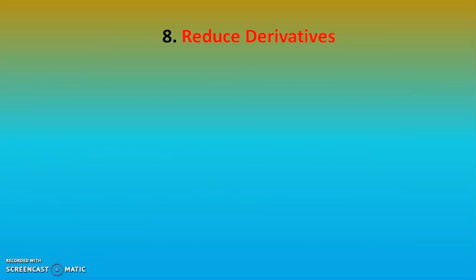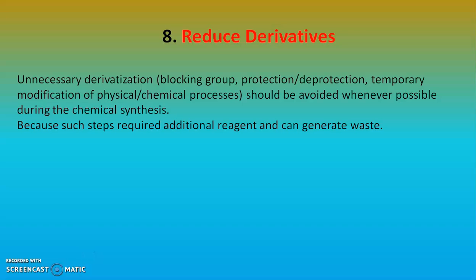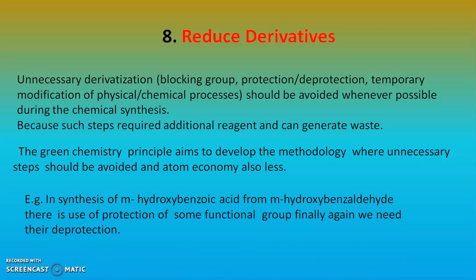Next we see reduced derivatives. In that, unnecessary derivatization, that is blocking groups, protection, deprotection, and temporary modification of physical and chemical processes, should be avoided whenever possible during chemical synthesis, because such steps require additional reagents and can generate waste. This green chemistry principle aims to develop methodologies where unnecessary steps are avoided and atom economy is improved.